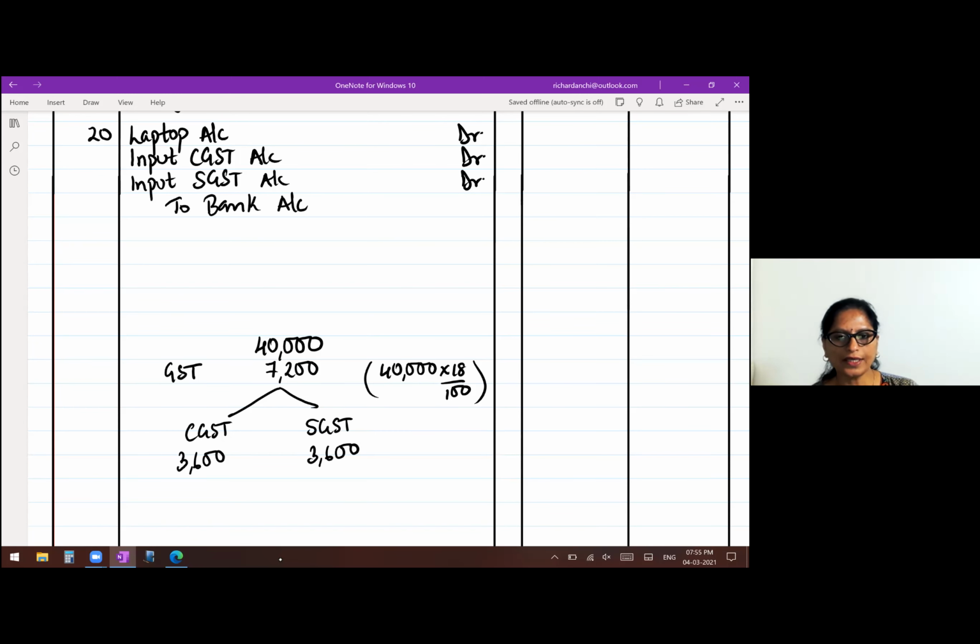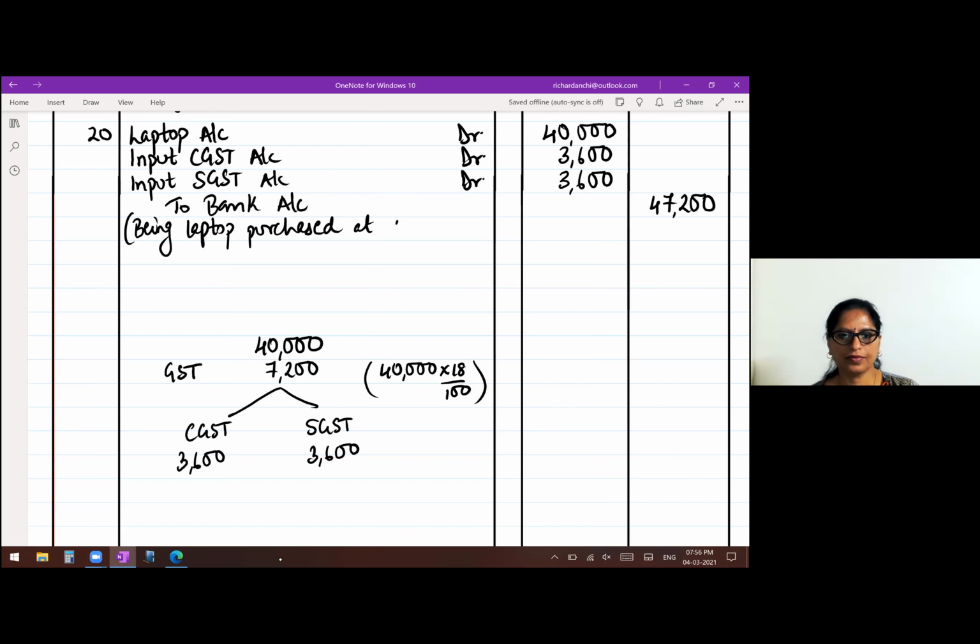Okay, so now how will you write it in the entry? Laptop account debit 40,000, input CGST 3,600, SGST 3,600, to bank account 47,200. Okay. Narration, being laptop purchased at 18% GST and paid by check.